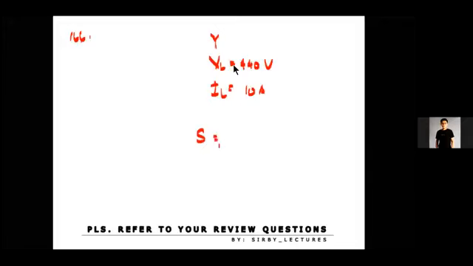So note that when we talk about apparent power, we don't consider the power factor. So therefore, our S is just simply square root of 3 times the line voltage times the line current. So if we substitute the value, what we get is 7.62 kVA.